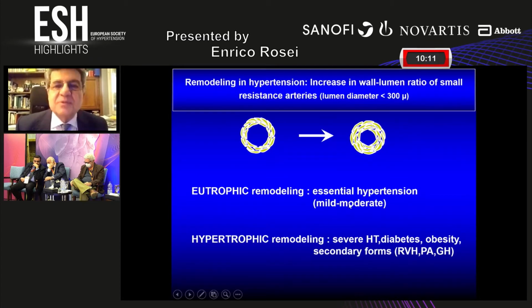But sometimes this is due to a growth of these smooth muscle cells, hypertrophy of these cells, and this is called hypertrophic remodeling. This is what happens in severe hypertension, also in diabetes, in obesity, in some secondary forms of hypertension, such as renovascular hypertension, primary aldosteronism, and in acromegaly.